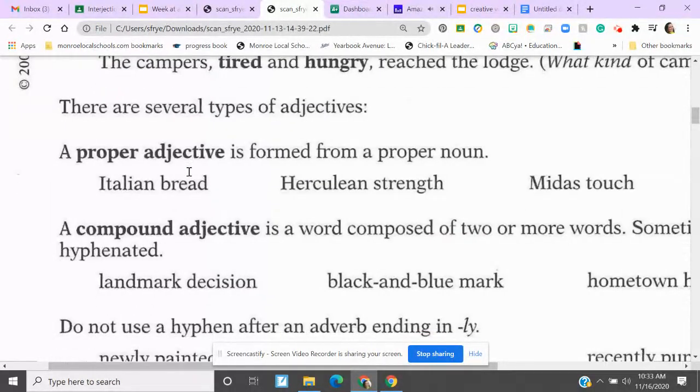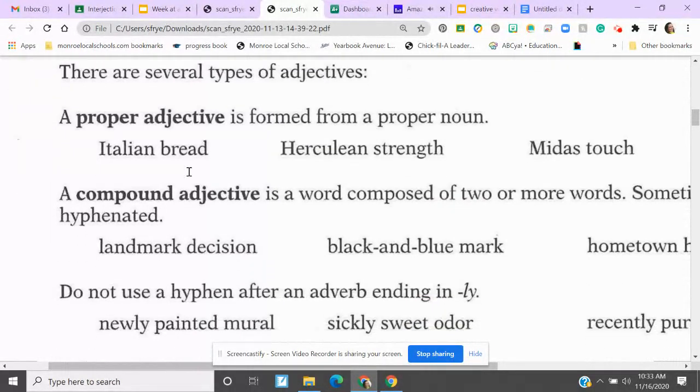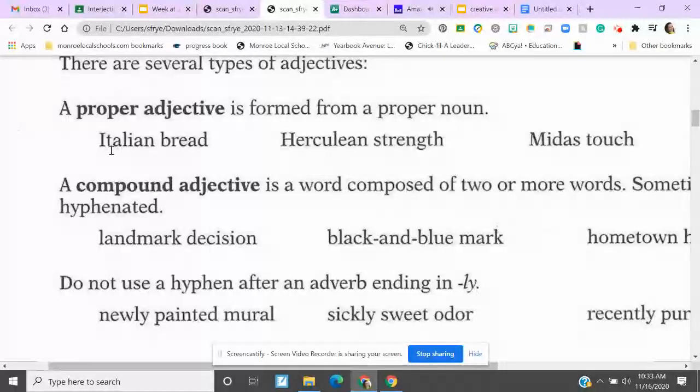Then it gets a little trickier when we throw in proper adjectives. For example, Italian bread. This isn't just bread, it's Italian bread. Italian can also be a noun, like if you are an Italian person, right? So if I say I am an Italian, that is a noun because it's me as a person. If I said I am an Italian person, now it's an adjective again because Italian is describing person. That makes sense?